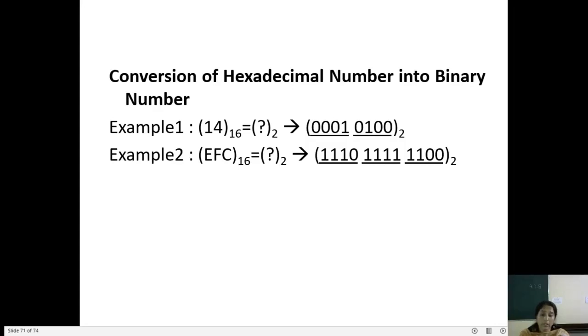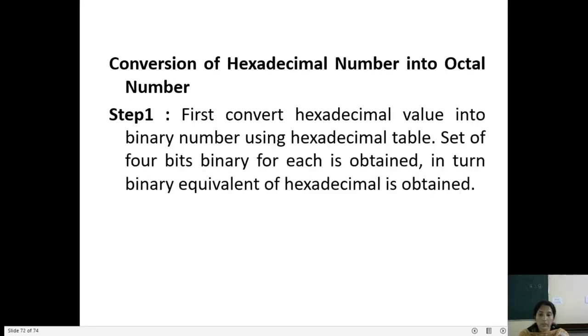We just use a table which we want to observe, that is 0, 0, 0, 0, and so on. These are the 4-bit numbers. For 1 it is 0, 0, 0, 1, and for 4 it is 0, 1, 0, 0. E is 14, and 1, 1, 1, 1 for 15, all digits are 1. For C it is 1, 1, 0, 0. Like this they will represent.